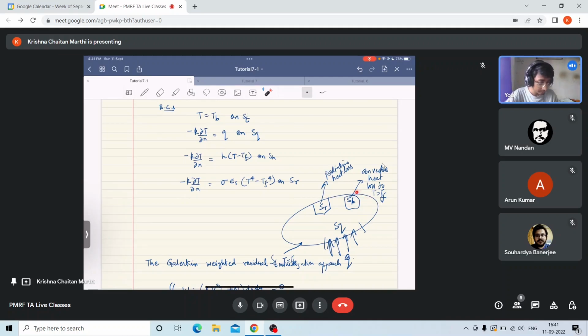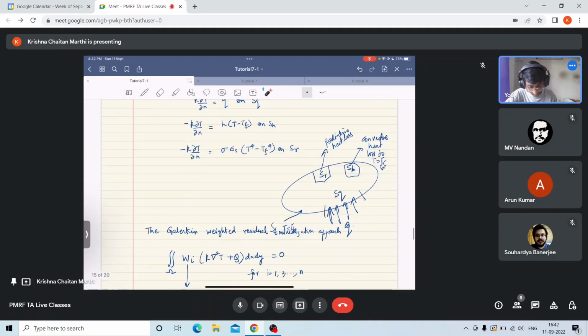Let us say at SH I have a convective heat flux boundary condition, that is, it is losing heat to the ambient at temperature T equal to Tf. And at SR I have radiation heat loss.